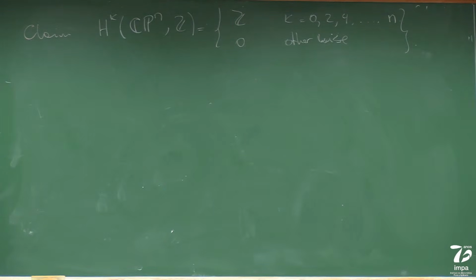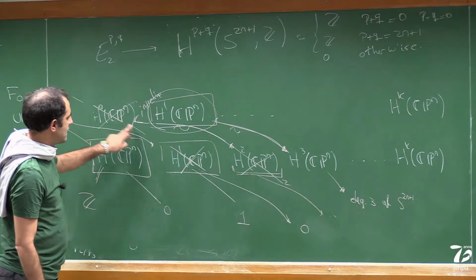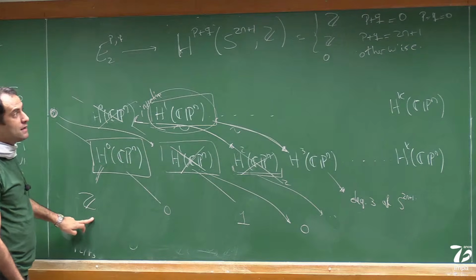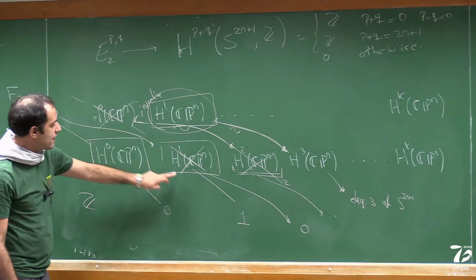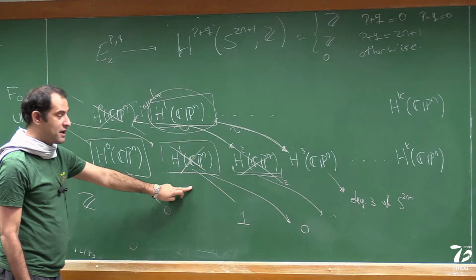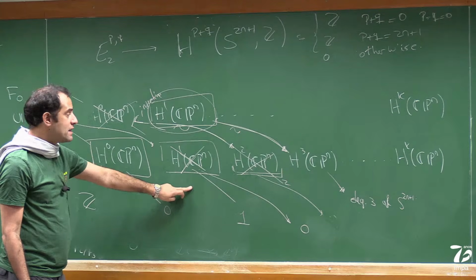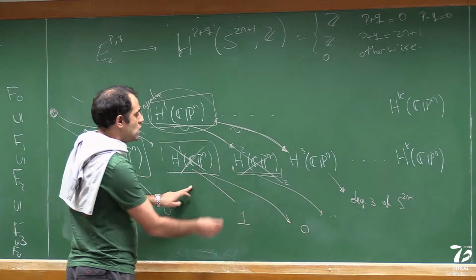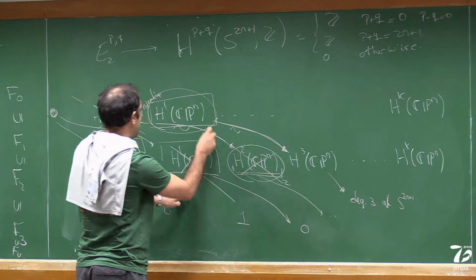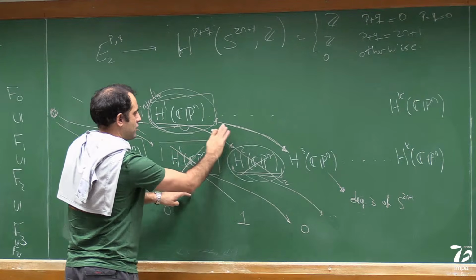So we've already killed the degree 0 piece. We have the Z in degree 0. We've killed whatever could have happened in degree 1. The only two things that I could have in degree 2 are this, that disappeared, and this.